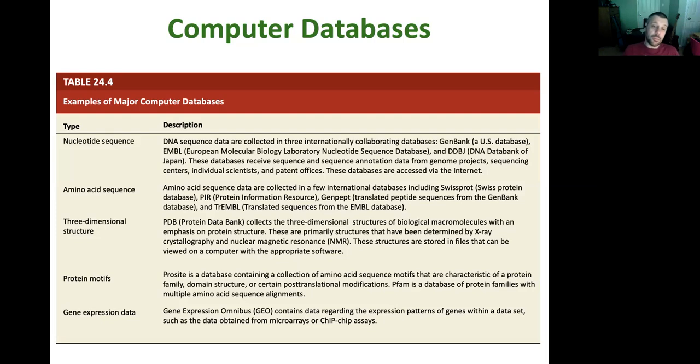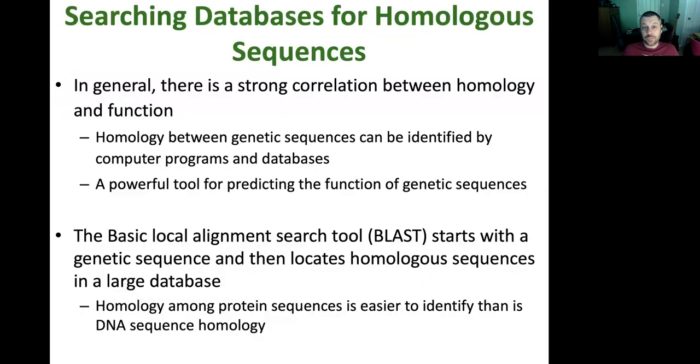And then calling back to the gene expression stuff we were discussing in the last lecture through DNA microarrays and RNA-seq, there are gene expression databases too. And these ones shown here are all free to use. So that's an amazing resource for genetic researchers throughout the world.